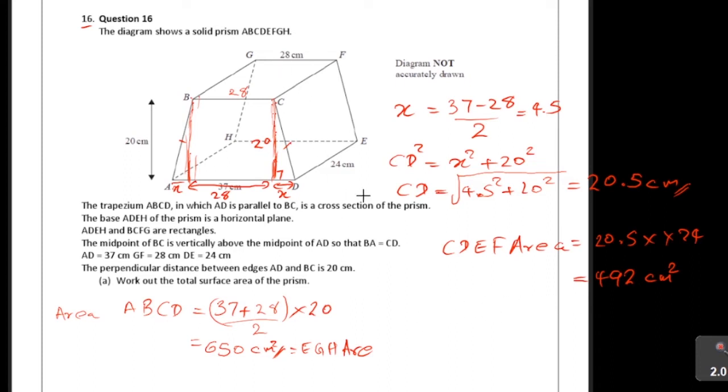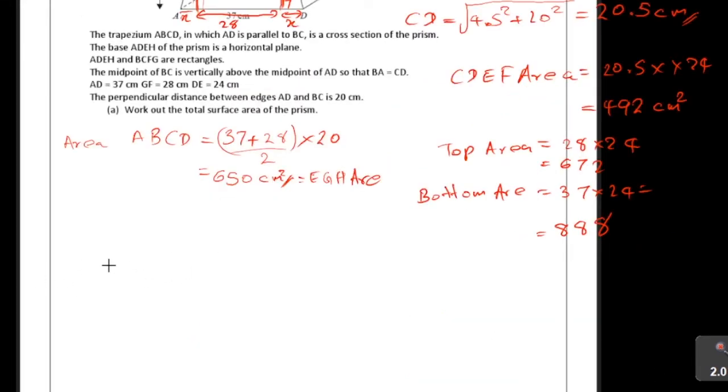Now we need top and bottom. Top area is equals to 28 into 24, 672. Bottom area is equals to 37 into 24. We got 888. We have everything to find the surface area.